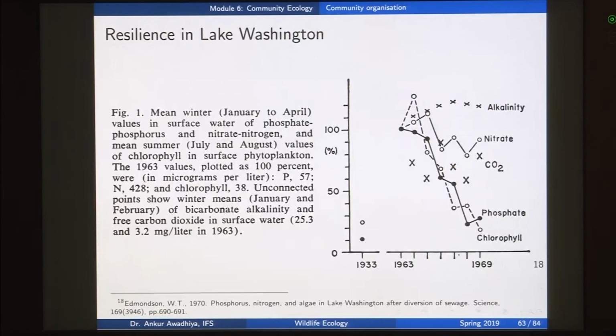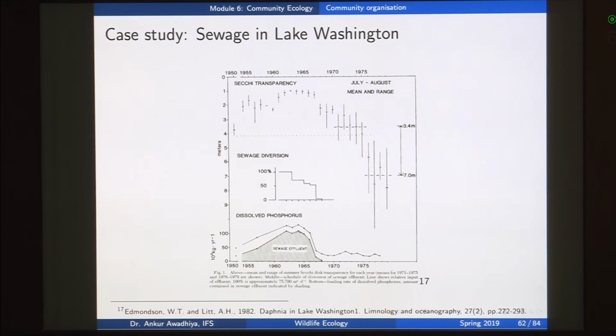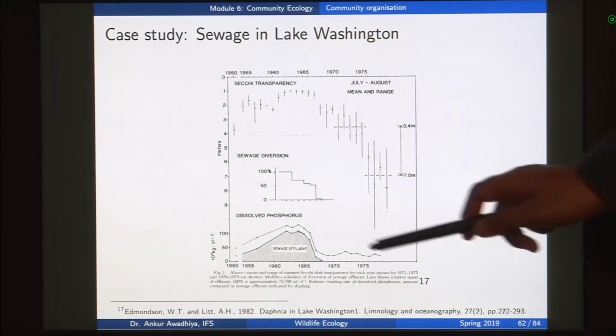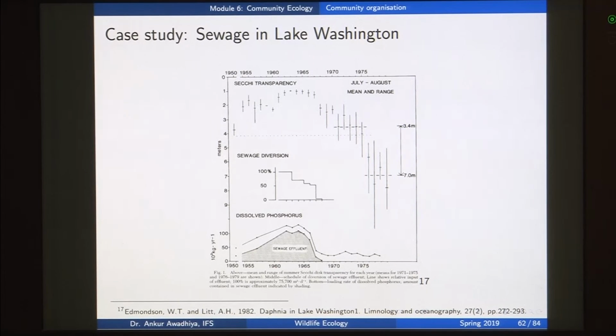Which is giving us an indication that even if you have disturbed a community to a very large extent, you have added so many nutrients into the system, even when you have added so much sewage into the system, you are still able to come back. The communities are still resilient enough that they are able to come back.